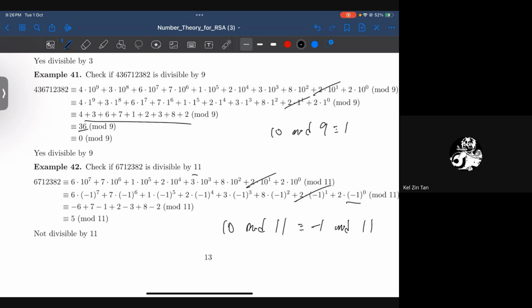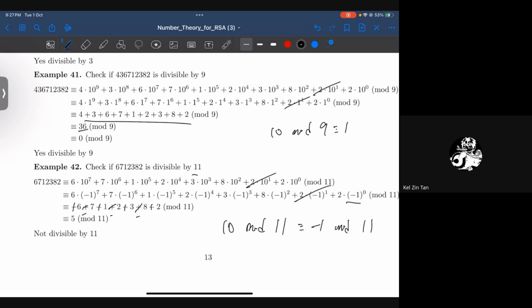Oh, I think I just messed up everything here. So this should be add, this should be minus, this should be add, this should be minus, and so on. So basically you just add alternate terms and subtract the other alternate terms.